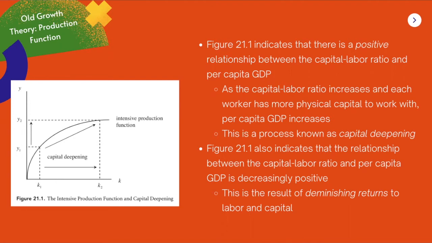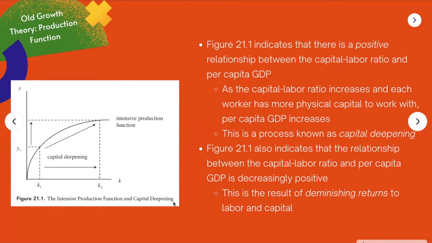For example, as the capital-labor ratio increases from k1 to k2, and each worker has more physical capital to work with, per capita GDP increases from y1 to y2. As you can see from the graph, you can see this curve that is formed, and this process is known as capital deepening.